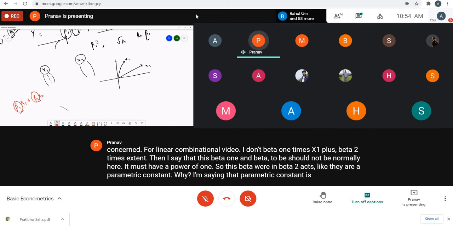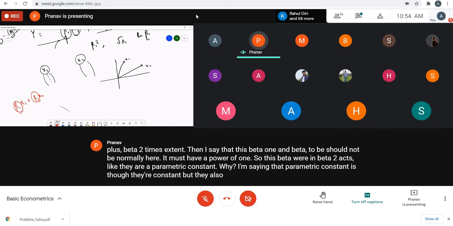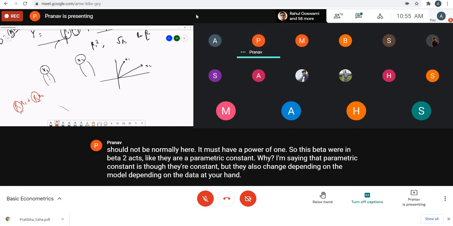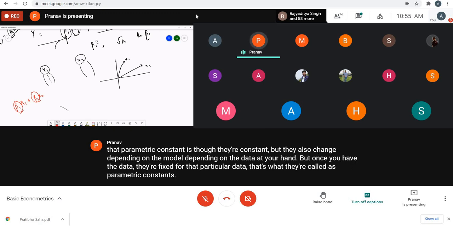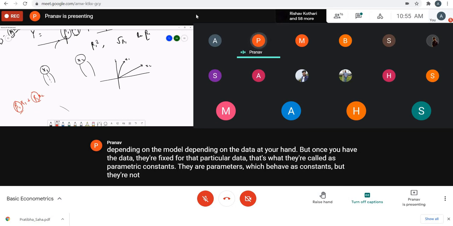Though they are constant, they also change depending on the model, depending on the data at your hand. But once you have the data, they are fixed for that particular data. That's why they are called parametric constants. They are parameters which behave as constants, but they are not constant the way we understand the term.